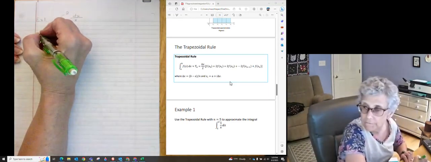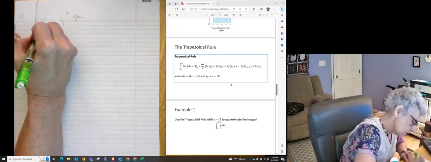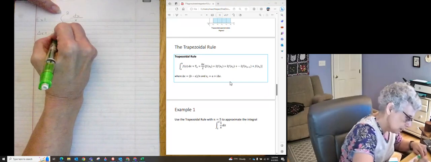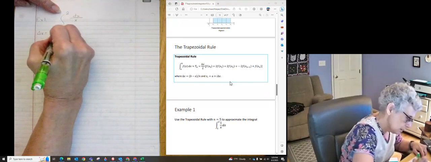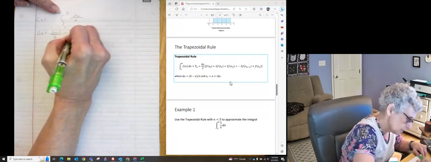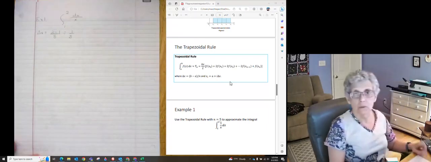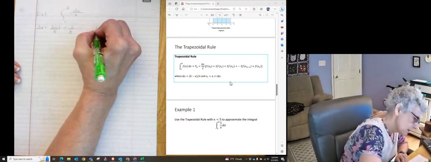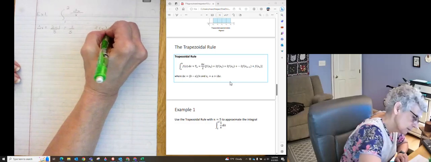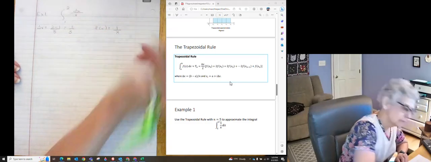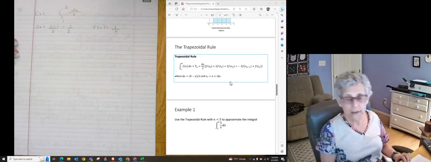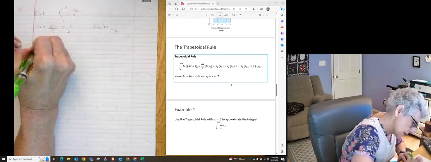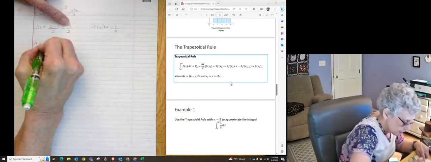We want 5 rectangles. So delta x is equal to b minus a over 5. So 1/5. So my f of x is 1 over x.